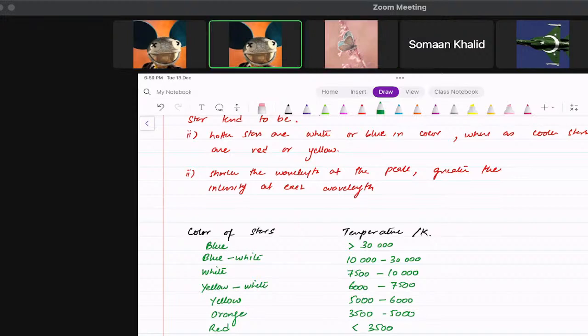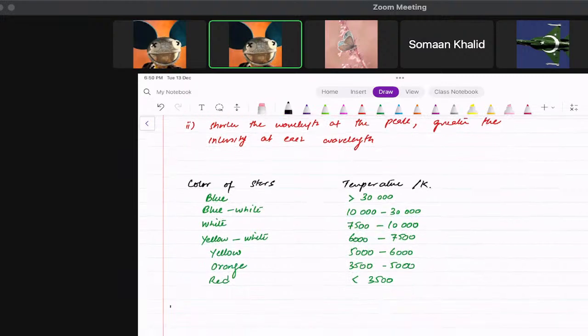Rigel. Okay. Now let's do a question. So the question says, the spectrum of a star Betelgeuse peaks at 828 nanometers, right?